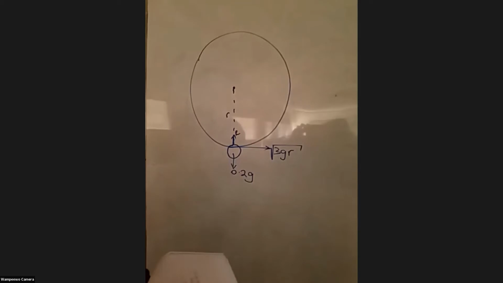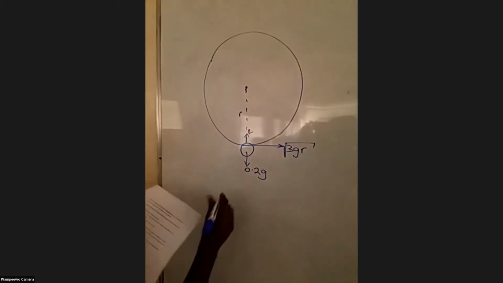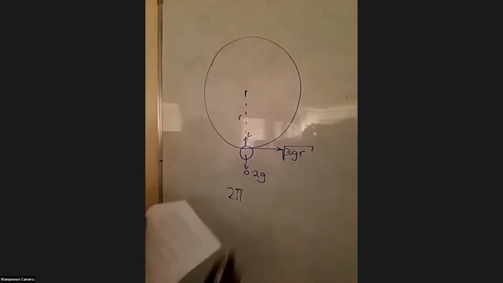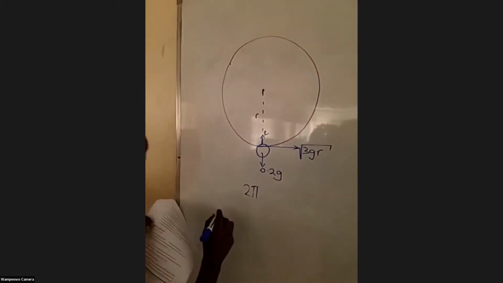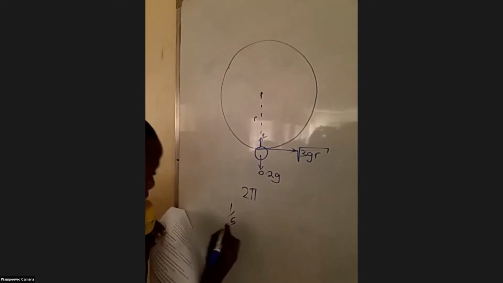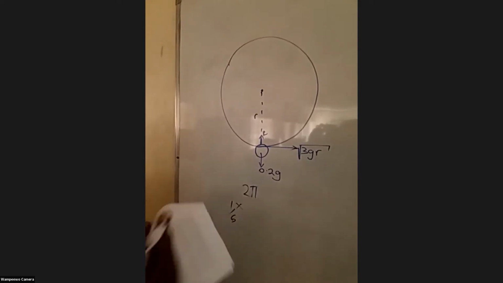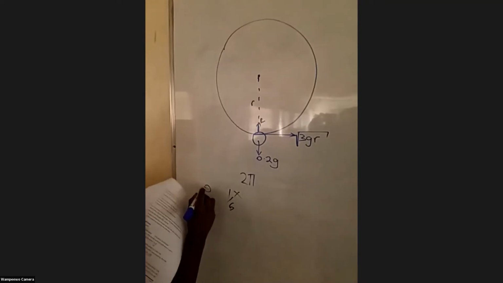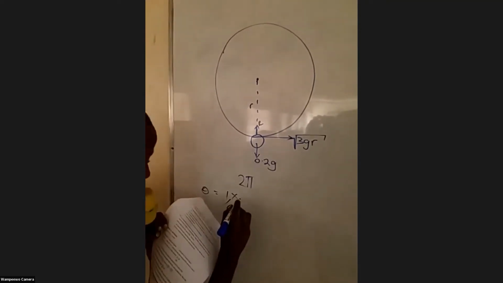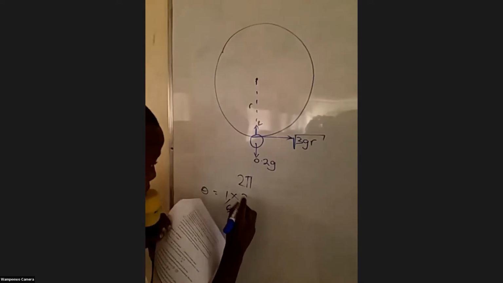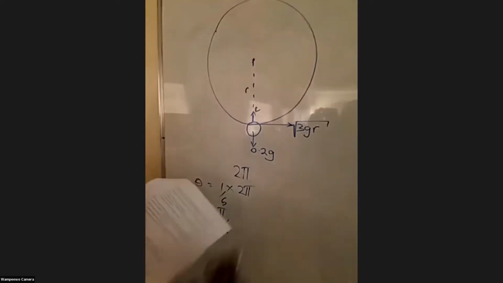Now we know that around any circular path, the angular distance covered is 2 pi, that is 360 degrees. So when it has gone a sixth way, I'm going to have 1/6 times 2 pi, so I'm going to have pi by 3.